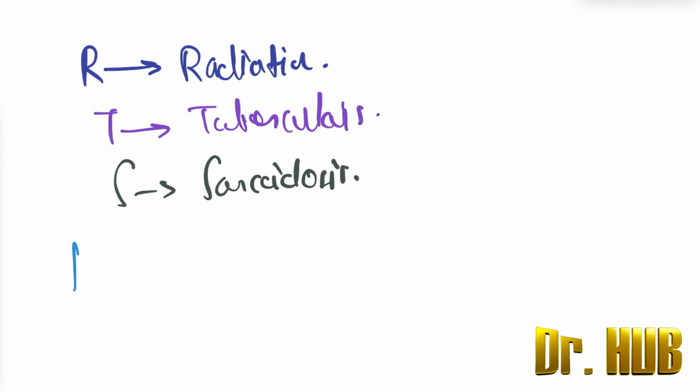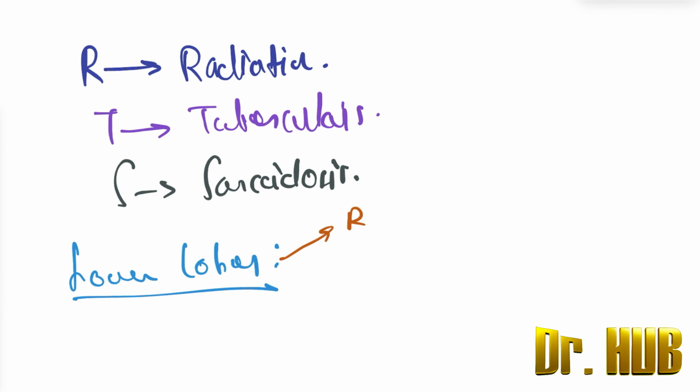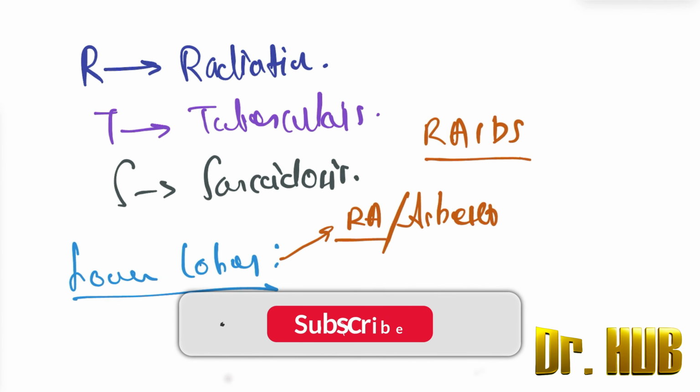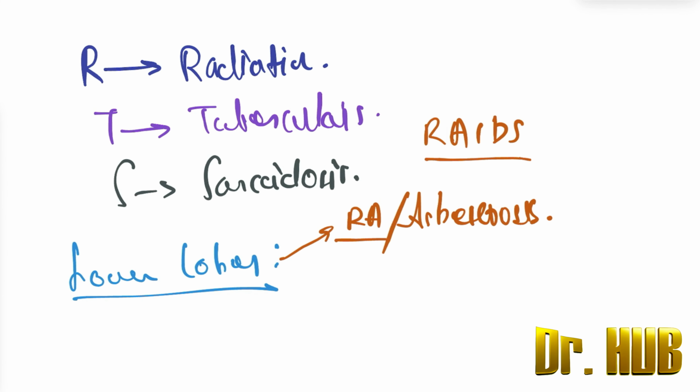Now we'll be focusing on the lower lobes. Under the lower lobes there comes the rheumatoid arthritis. Then is the asbestosis. So here the mnemonic is nothing but RADS. And there is a letter I as well.